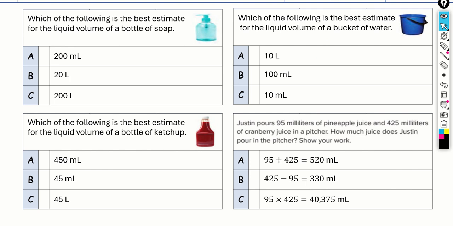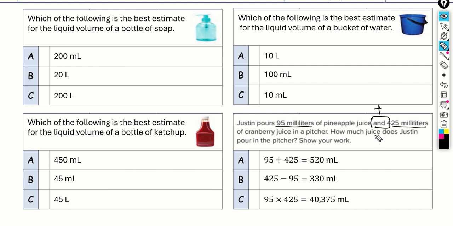Okay, these all are the same type of questions, so try them yourself. Now the last question on the screen here. Justin pours 95 milliliter of pineapple juice and 425 milliliter of cranberry juice in a pitcher.